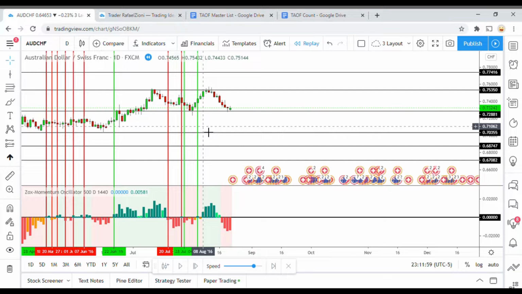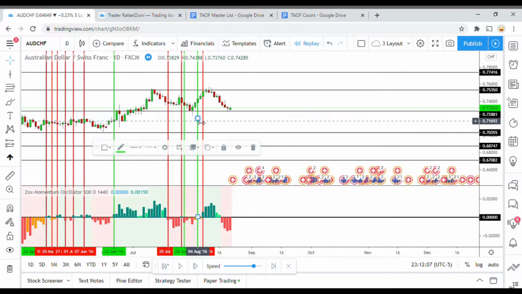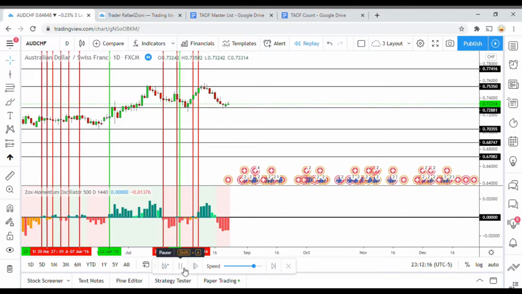Losing trade there. Flips, flops almost immediately. Oh, I gotta mark those as losing trades. Then drop short right here.